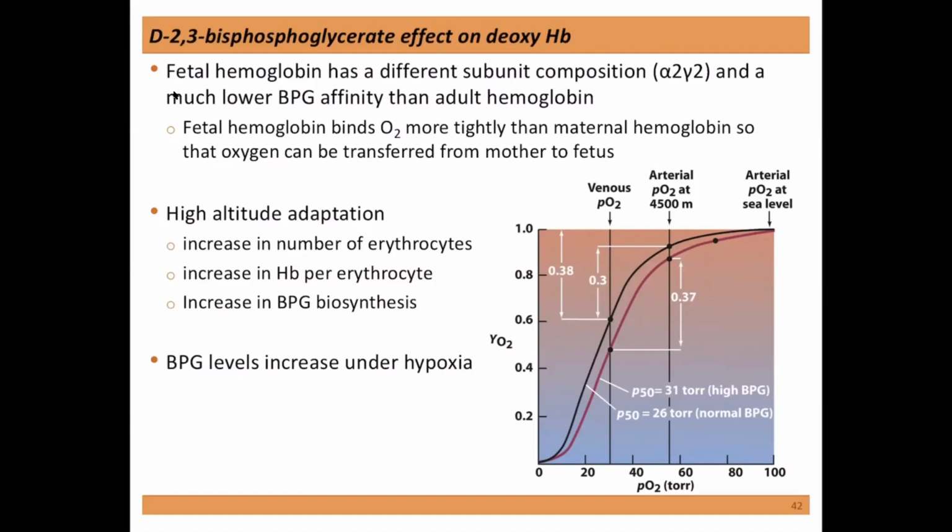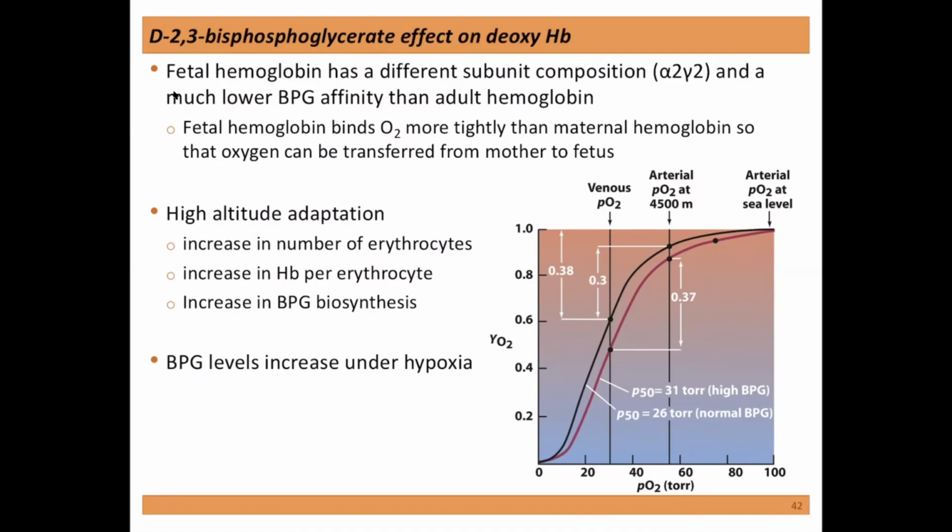But if we change to a higher altitude, we have less partial pressure of oxygen. Our venous partial pressure inside us is not going to change, but the arterial pressure of O2, there's going to be less O2 there. So what you're going to see is we're going to get less fractional binding of O2. But when we get to our venous and we have this normal hemoglobin in there, we're only going to release 0.3 of our oxygen, where at normal sea level, we're releasing 0.38.